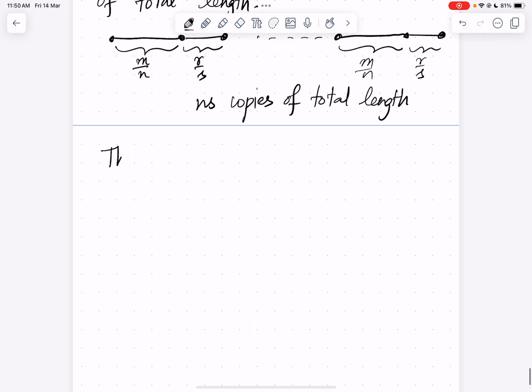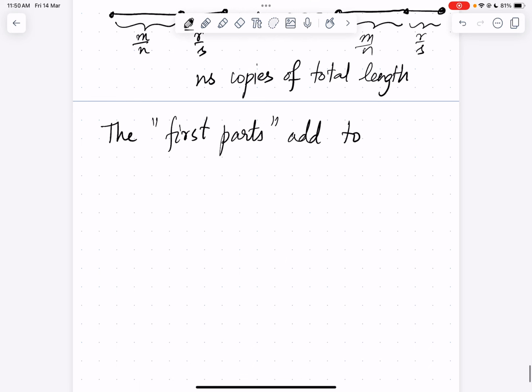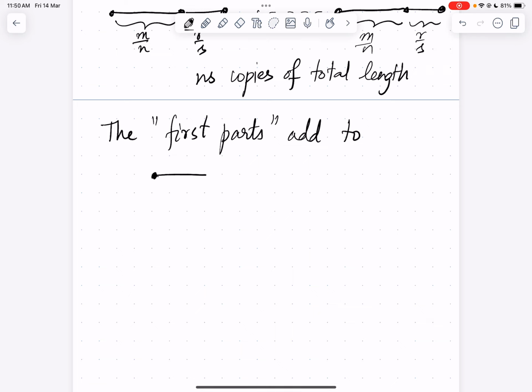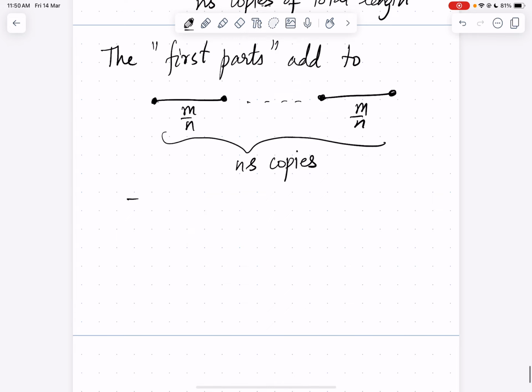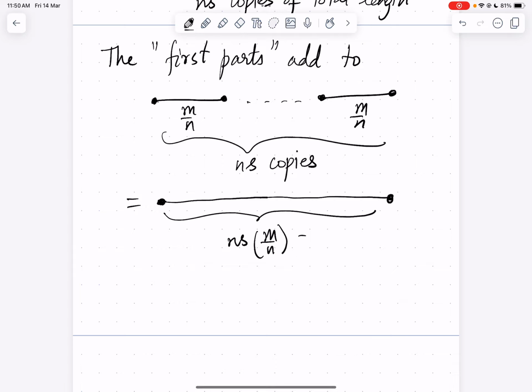Now if you take only the first parts, what do they add to? There are ns copies of length m by n. So this is of total length ns times m by n equals ms.